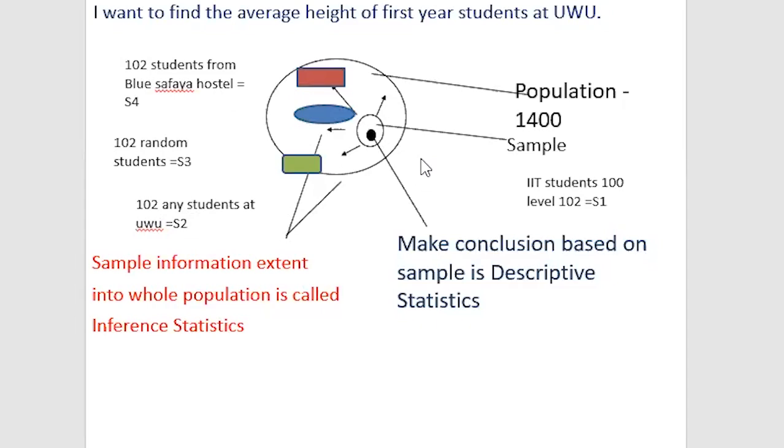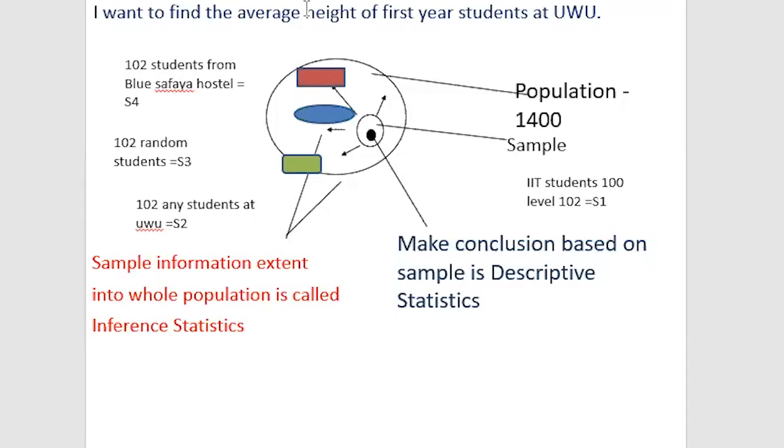Someone can say that out of the 4 samples, what is the possible sample or samples to achieve my target? Did you get my question? I defined 4 different samples.